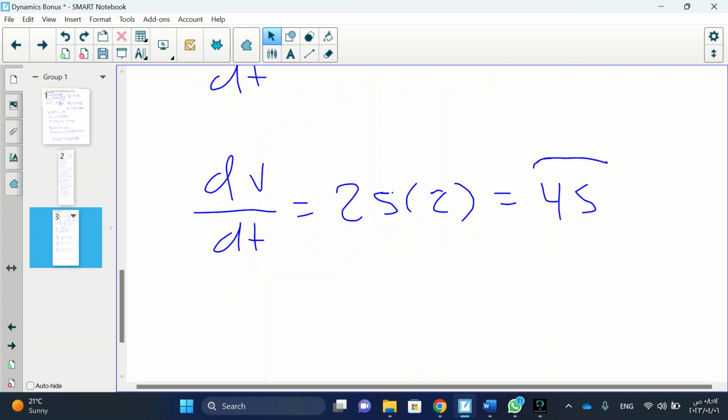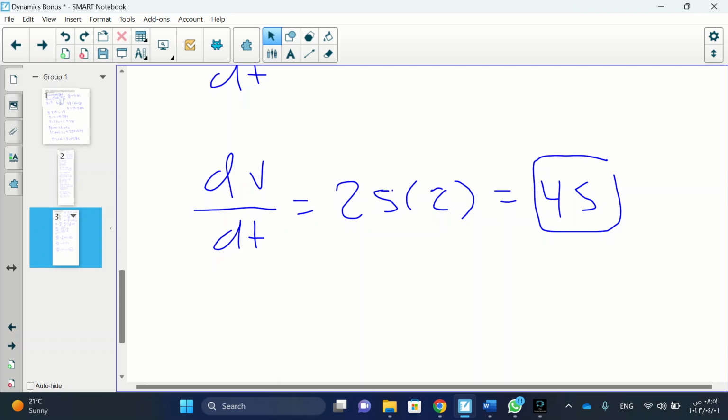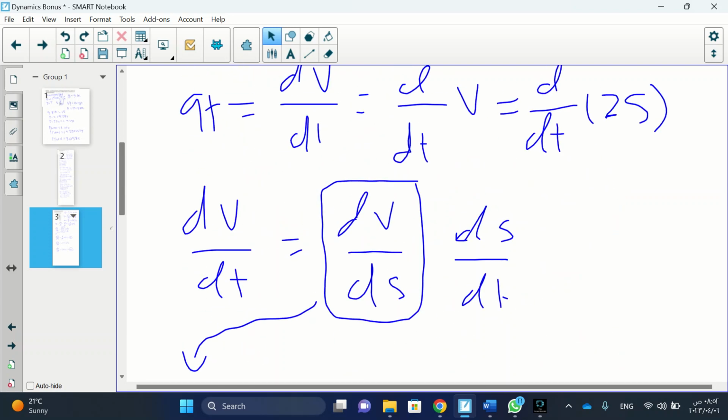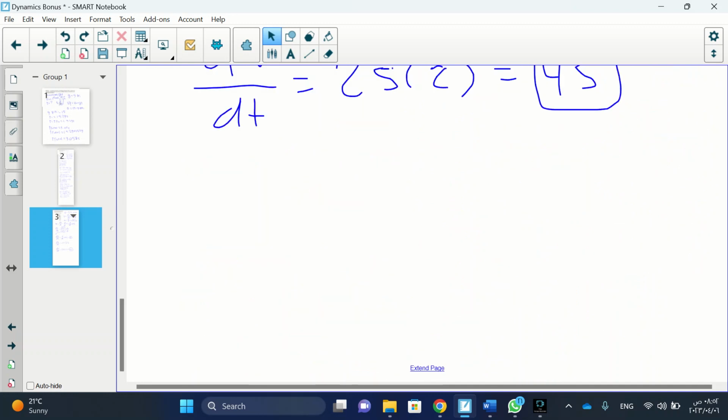Okay, we got 4s. Of course, dv over dt, we said from the beginning, is equal to at. So at is equal to dv over dt, which is equal to 4s.